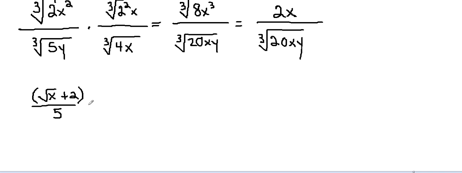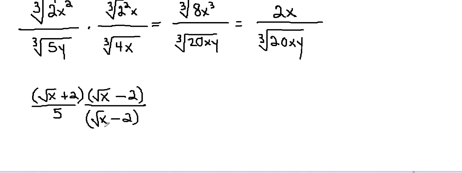So if I rationalize the numerator, since I've got a binomial, I'm going to multiply it by the conjugate, which is the square root of x minus 2. Top and bottom, square root of x minus 2.